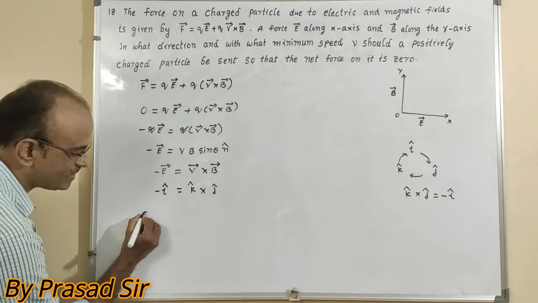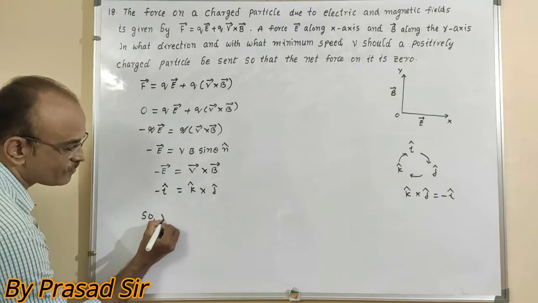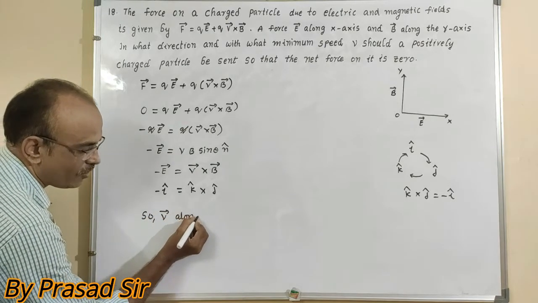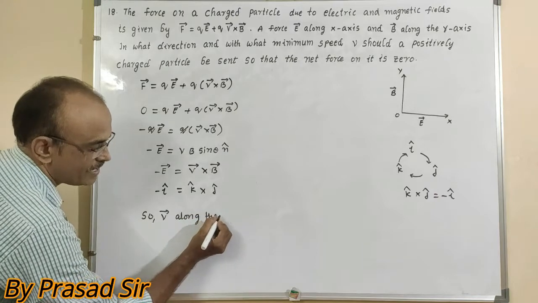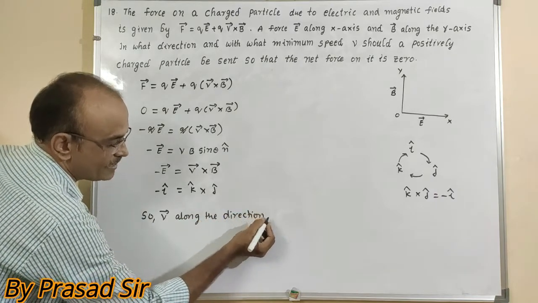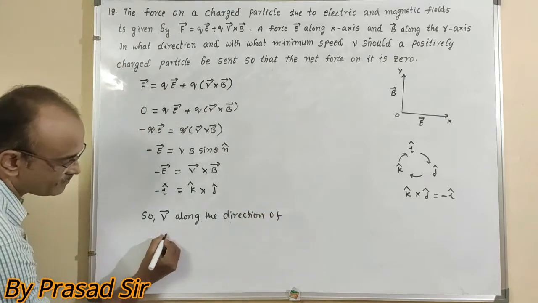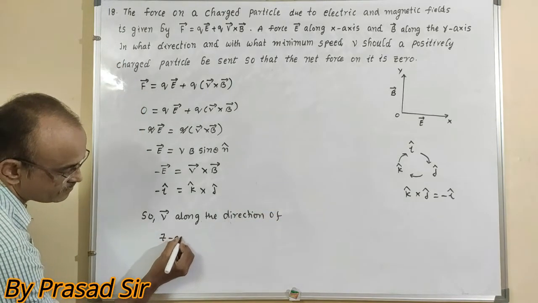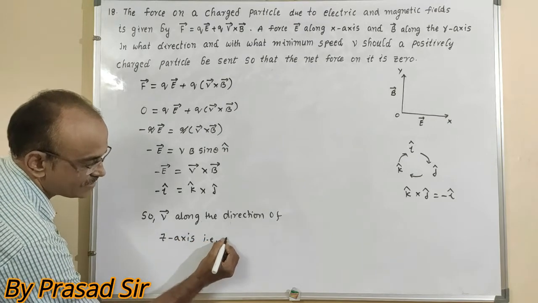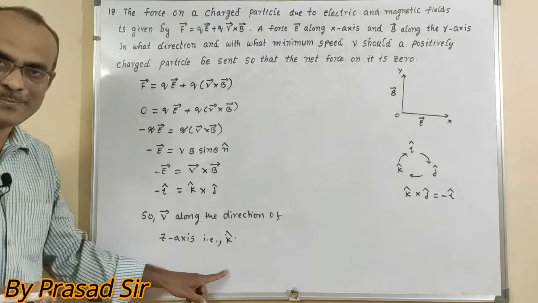So that means the V vector is along the direction of the z-axis, that is k cap.